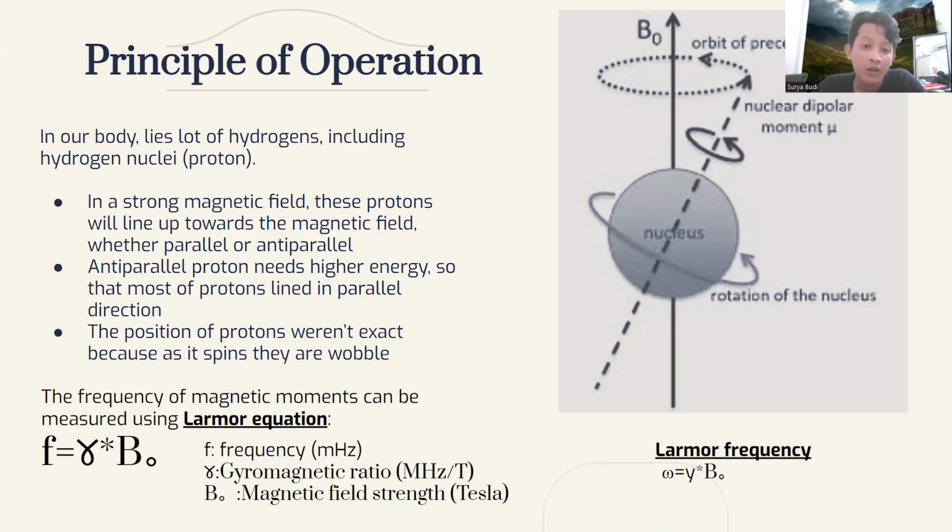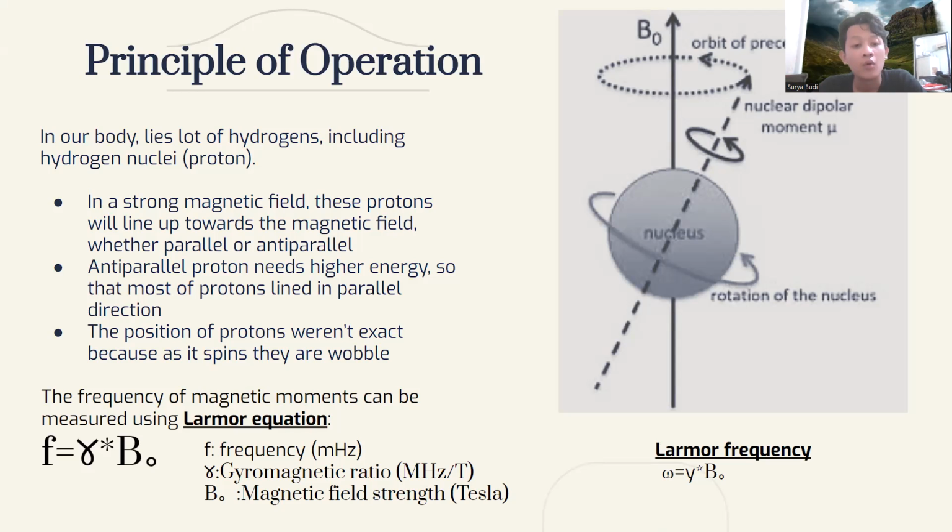When anti-parallel, it needs higher energy, so most protons line up in a parallel direction. And the positions of the protons are not exactly the same because they also spin and wobble.